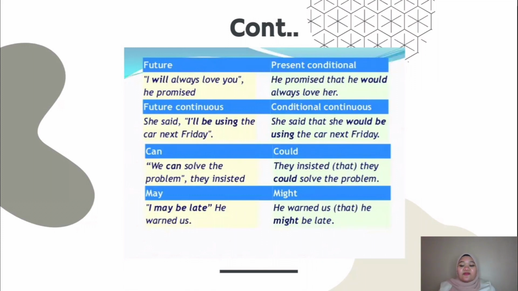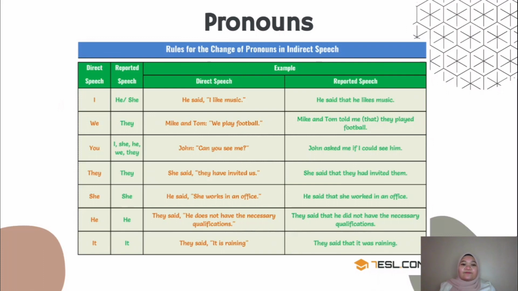Next, we will move on to the pronouns. Pronouns will be changed when we want to use reported speech. Okay, so in direct speech we will use I, we, you, they, she, he, and it.